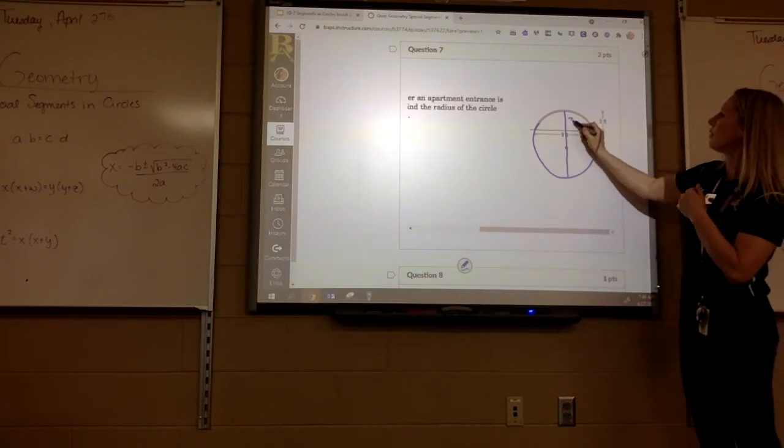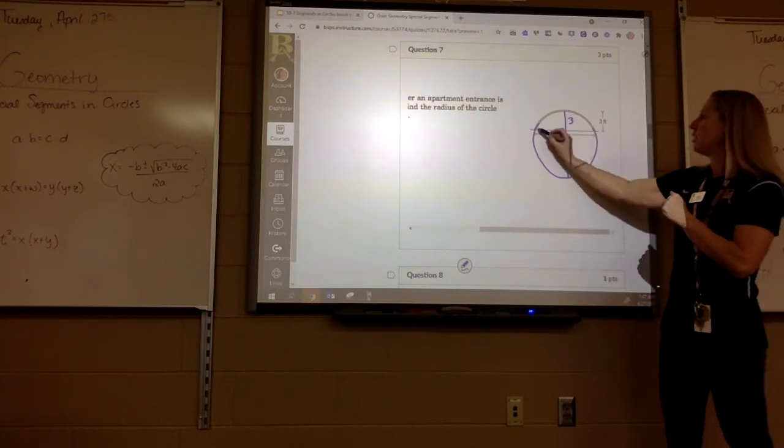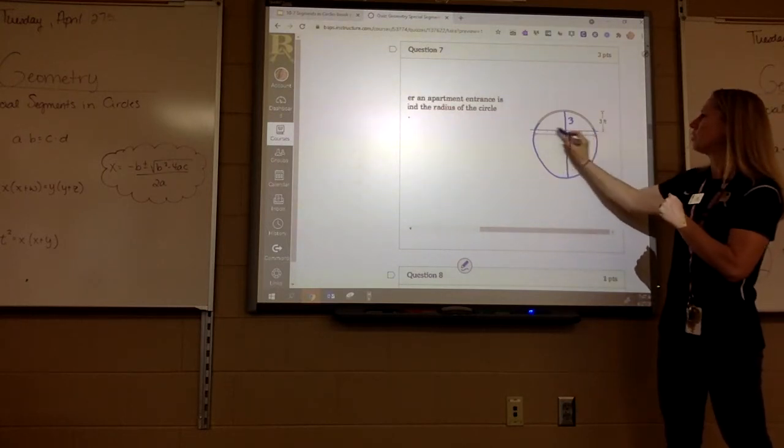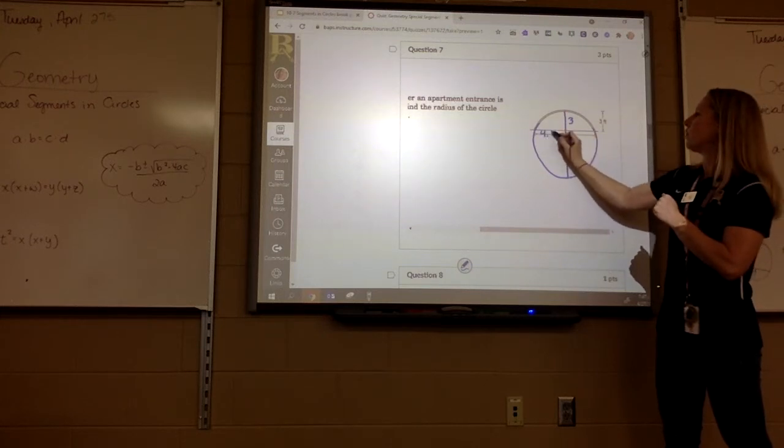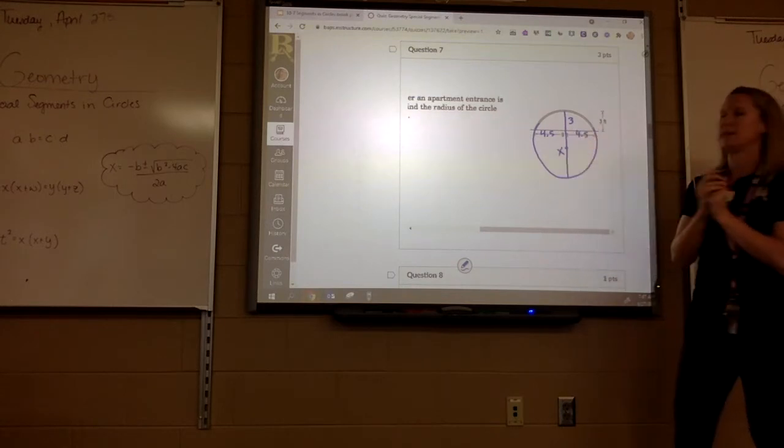This piece up here is 3, and the diameter is going to cut that chord in half. So if that whole length is 9, what would each piece be here? 4.5, 4.5, and then I'll just call this piece right here x.